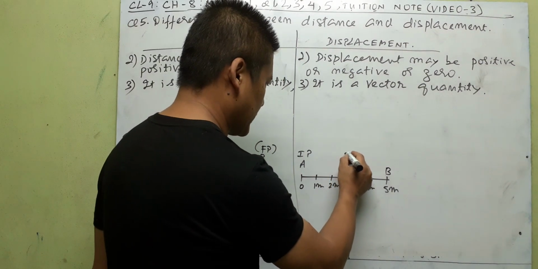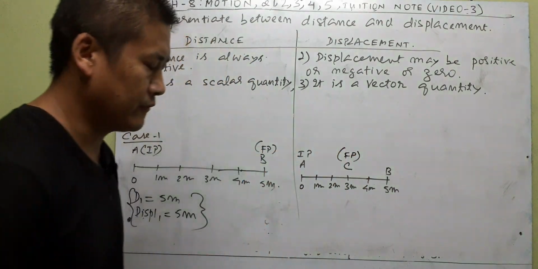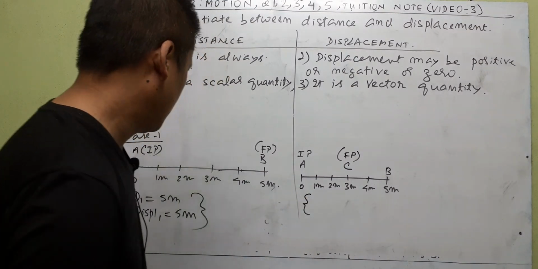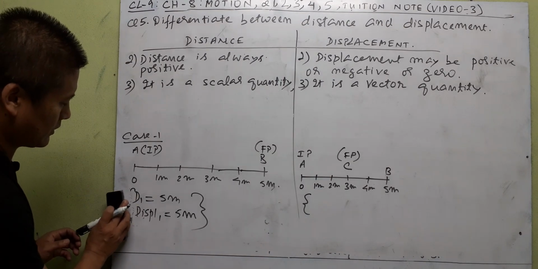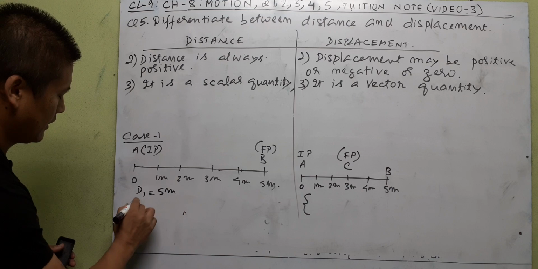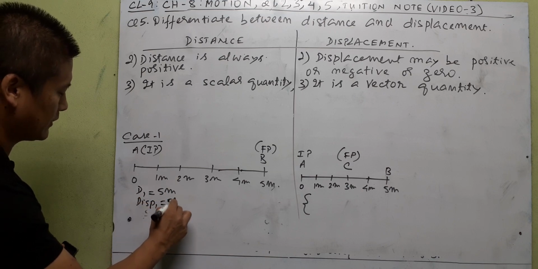This is his final position. So here the set of answers will be what? Let's make space, we need to write here. D1 is 5 meter and displacement 1 is also 5 meter.